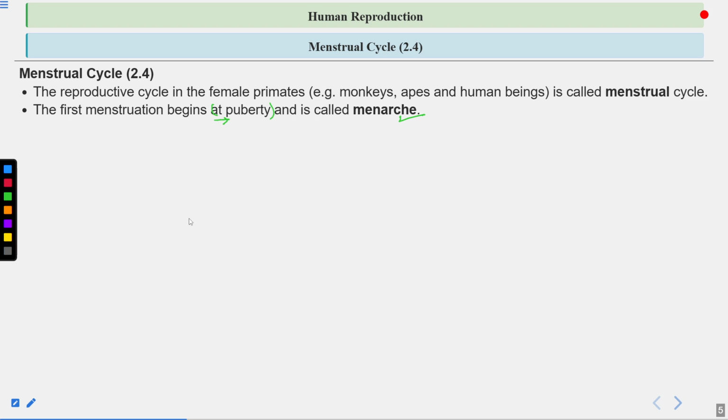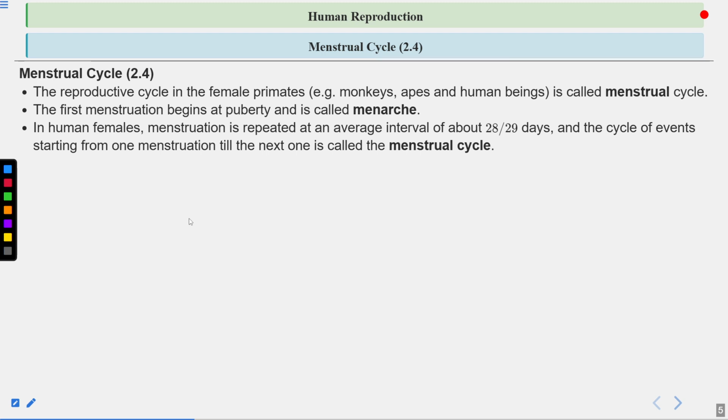In females, secondary sexual characteristics develop. In males also, secondary sexual characteristics develop. In males, these include appearance of facial hair, pubic hair, deepening of the voice, and enlargement of the Adam's apple. In females, breast development, then onset of the menstrual cycle. These are some of the secondary sexual characteristics. The onset of the menstrual cycle is known as the menarche, the scientific term given to it.